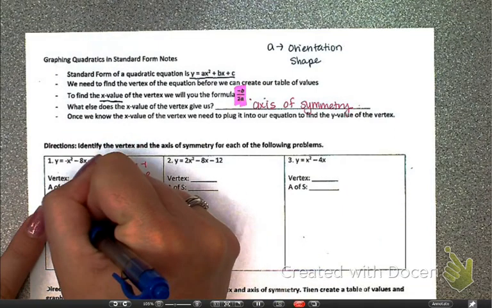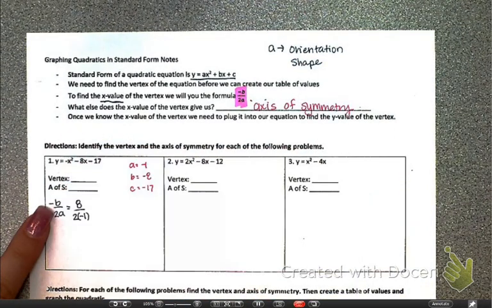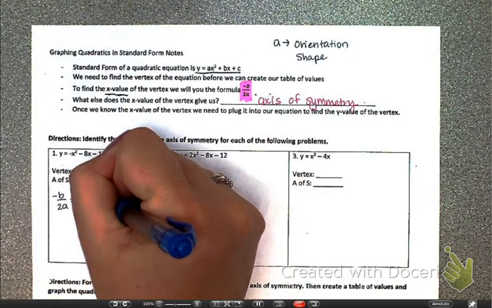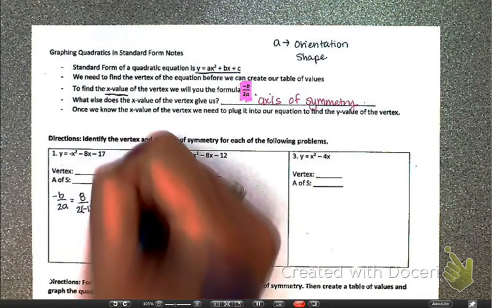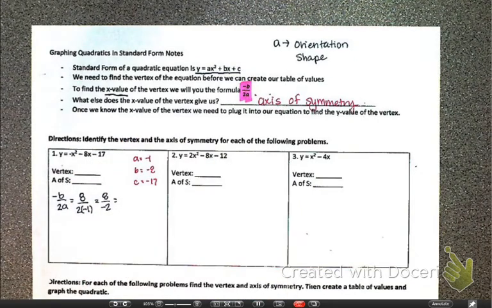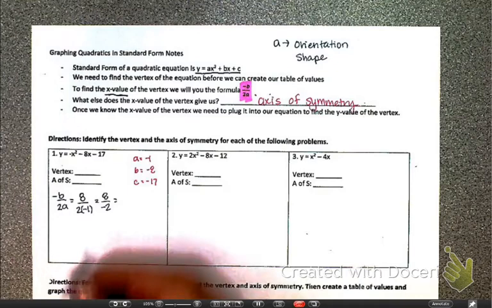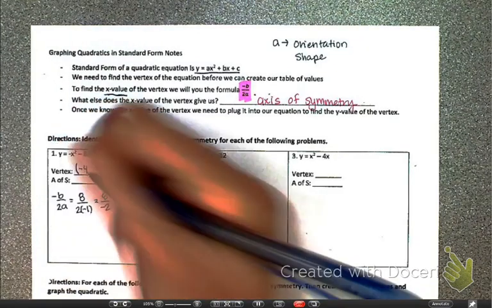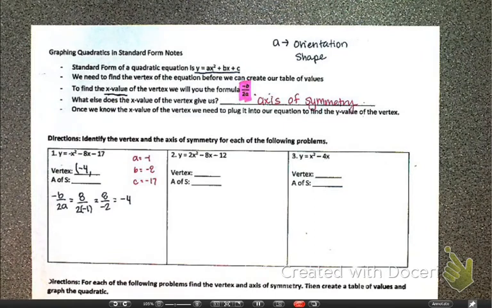All over 2 times negative 1. Or 8 over negative 2, which is 8 divided by negative 2? Negative 4. So the x value of my vertex is negative 4. So it takes a little bit of math, but that math should not be difficult.